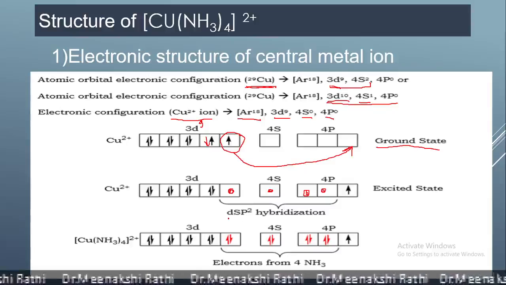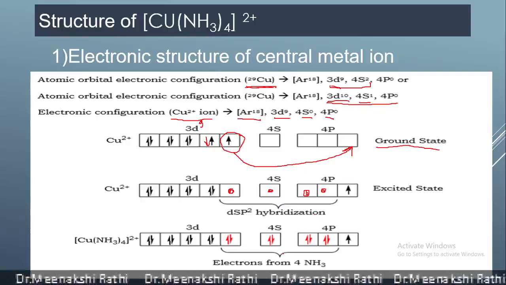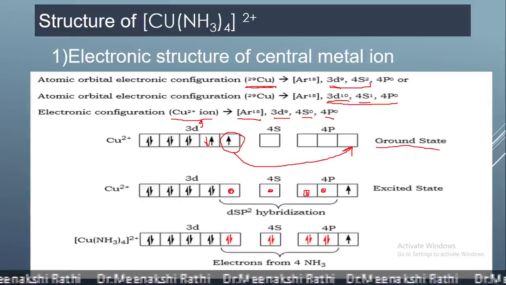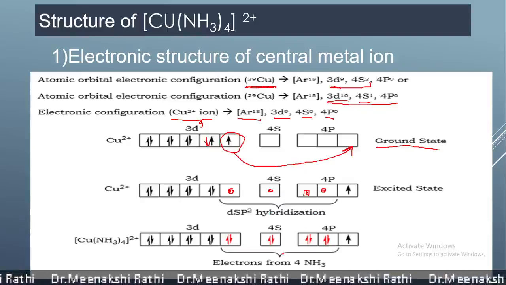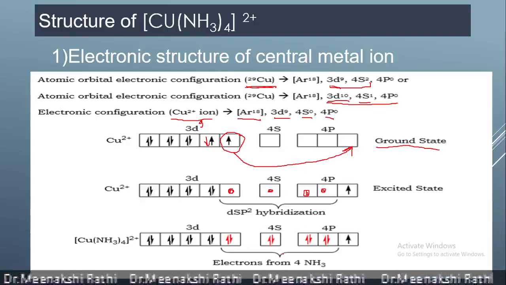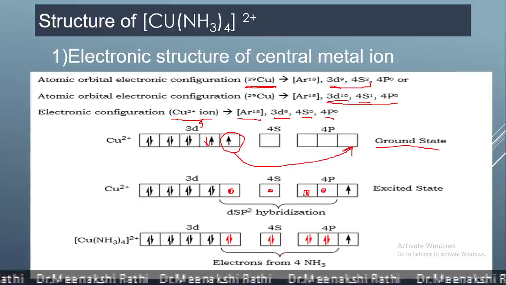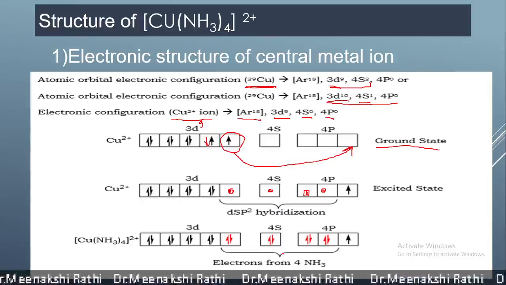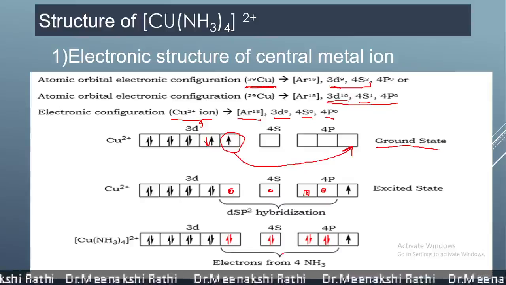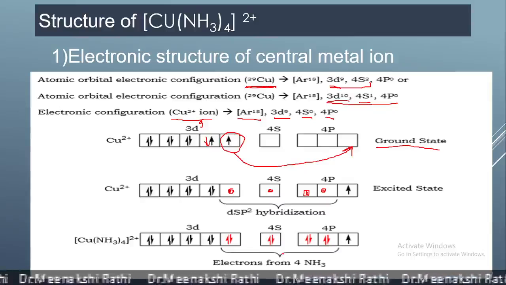These 4 empty dsp2 hybridized orbitals accept 4 pairs of electrons from 4 ammine ligands, which are shown in red color, and there is a formation of the tetraamminecopper ion complex.